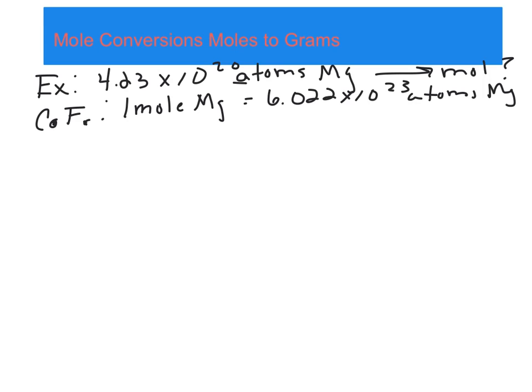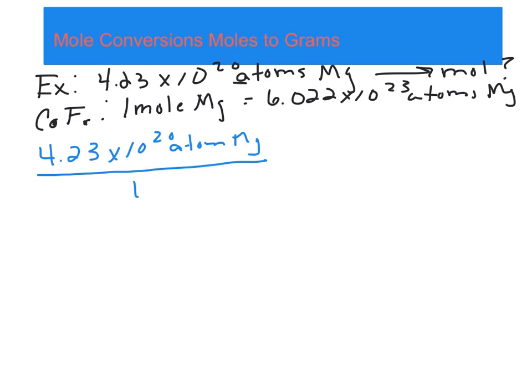Let's set up our problem. Here I have my given. In this case, my given is 4.23 times 10 to the 20 atoms of magnesium. Sorry, it's a little messy. I'm going to put that over 1, and then multiply that by my conversion factor. Same rules apply as before.